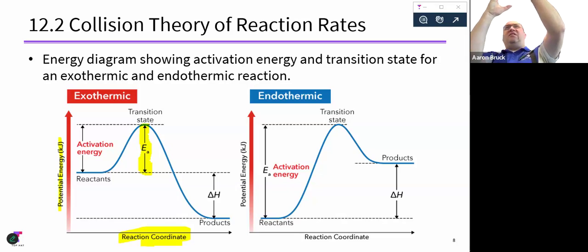It's super high energy, it's very unstable, and that's why after the transition state, we always see a release of energy. Doesn't matter if it's exothermic or endothermic. The transition state is a higher energy form of the reactants and products coming together before the final products are generated.